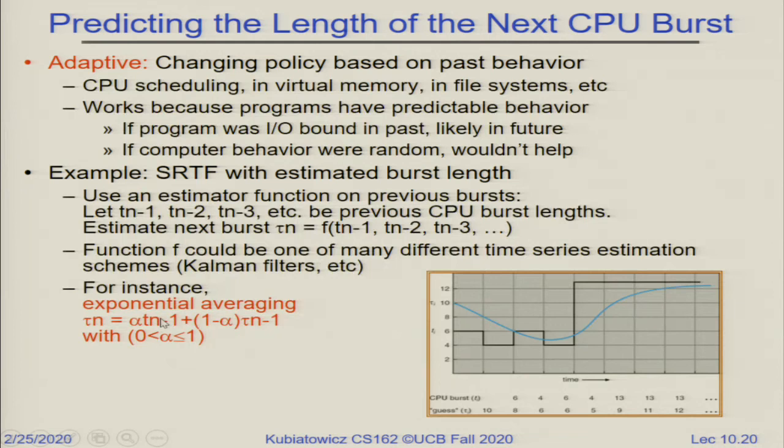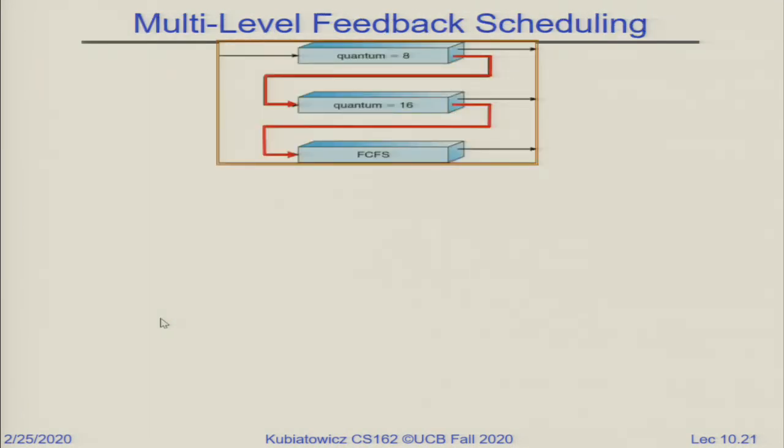I do want to point out that this exponential averaging is really simple and works really well, and I'm sure you've run into it in the past. There we're building a model of the burst size based on past measurements.